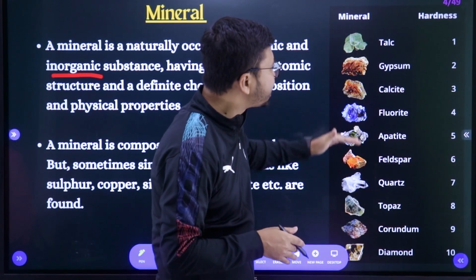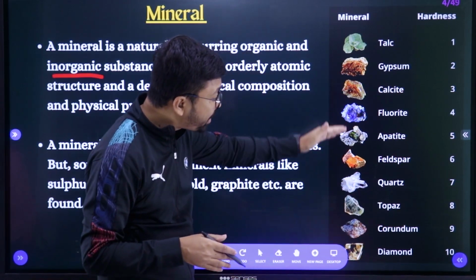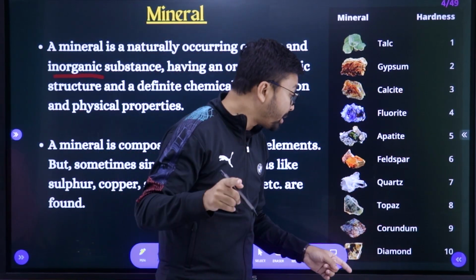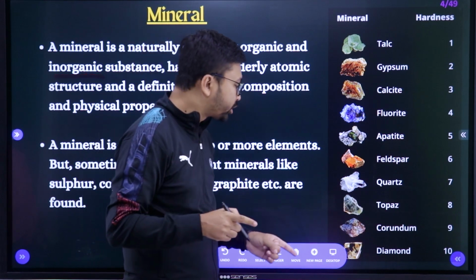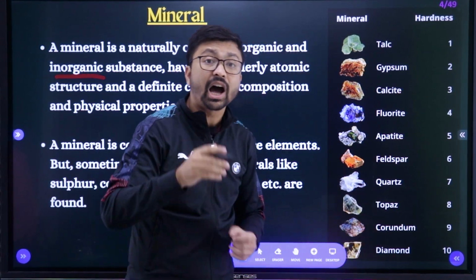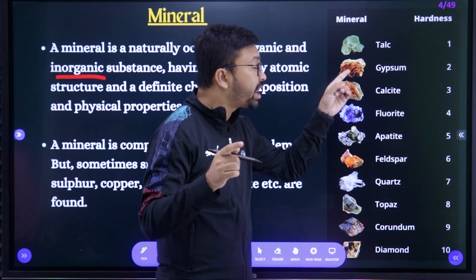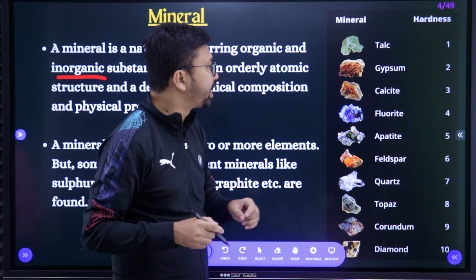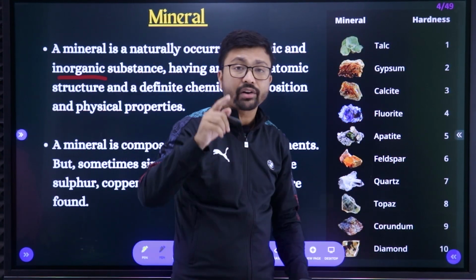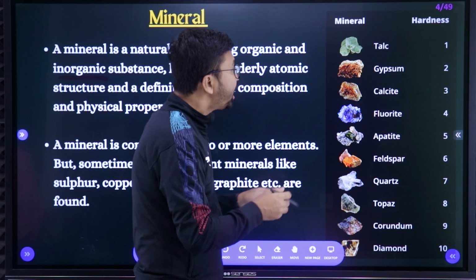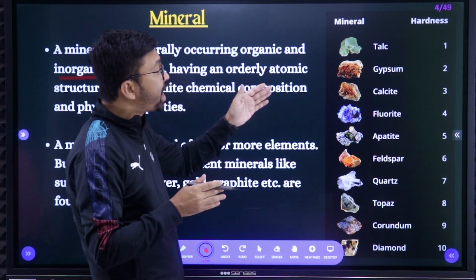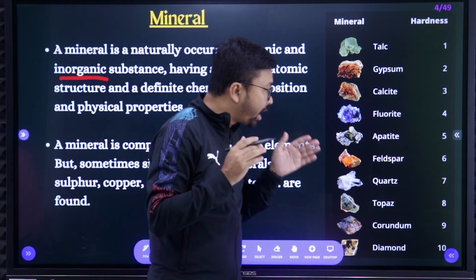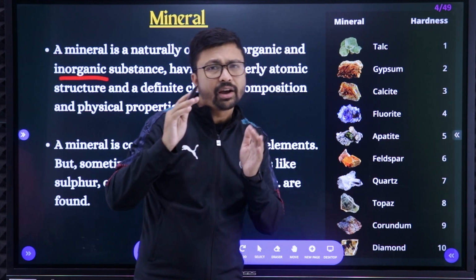These are examples of minerals, arranged as per hardness. Remember, for your MCQs, diamond is the hardest mineral and talc is the softest, according to the 1 to 10 ranking. Other minerals are talc, gypsum and calcite.